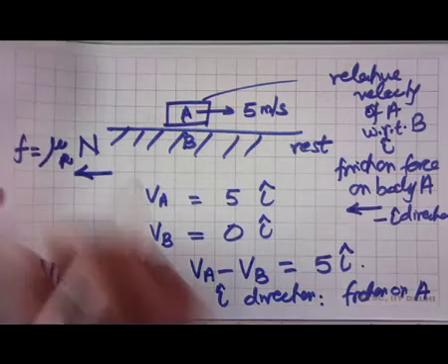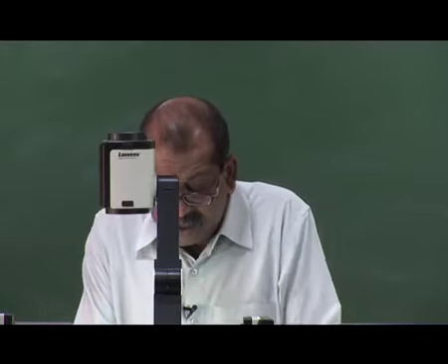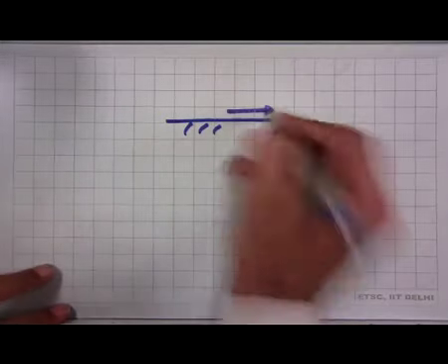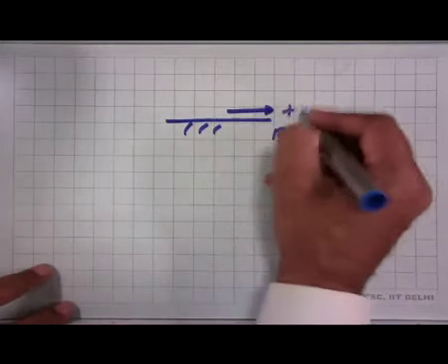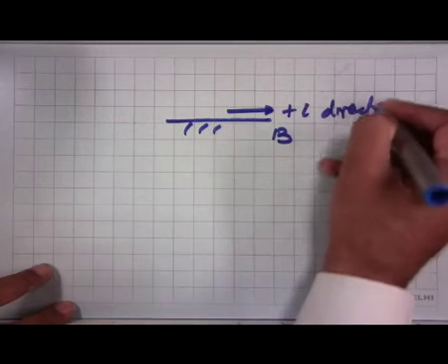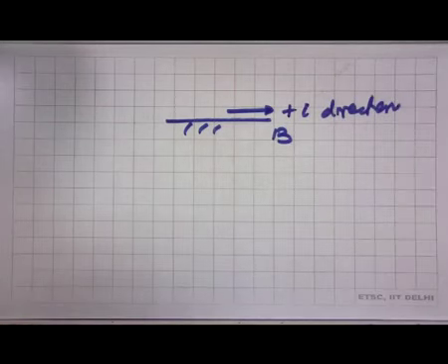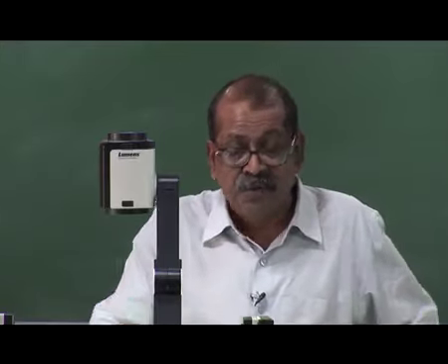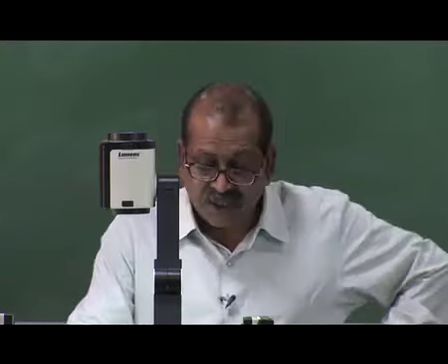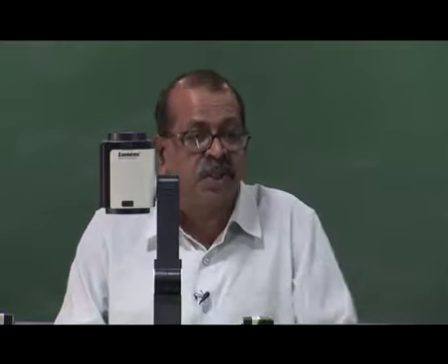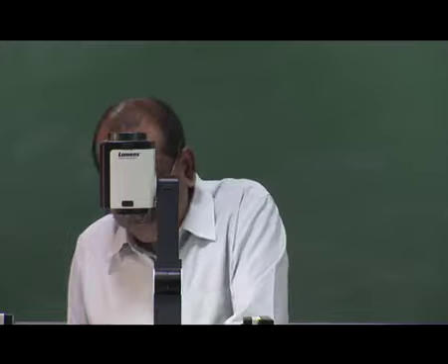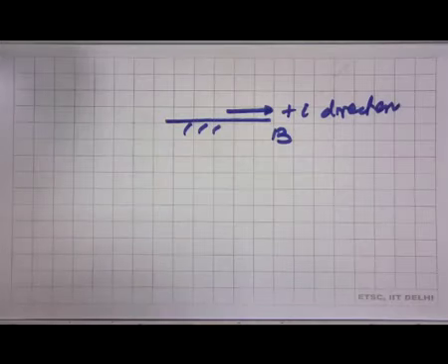Now when I look at body B for the same example, on body B the friction force will be in the plus i direction. How do I get this? Well, there are two ways of doing this. One is I can look at the action reaction pair. Friction on body A is in minus i direction, so it will exert an opposite force in the tangential direction on body B. So, therefore, on body B the frictional force will be in the plus i direction.